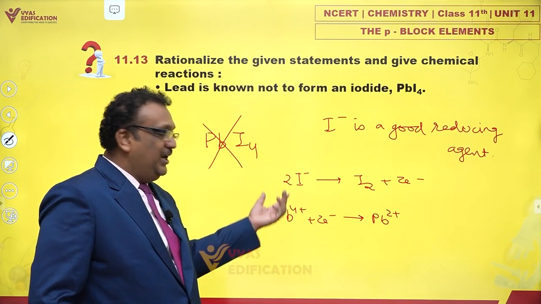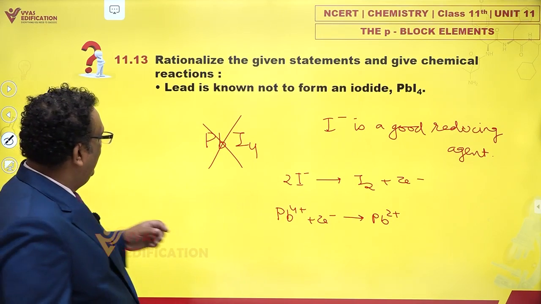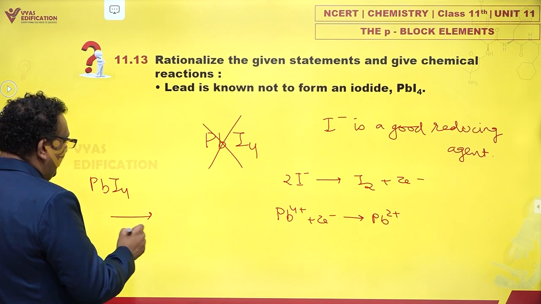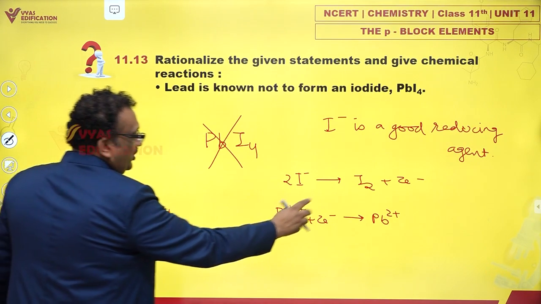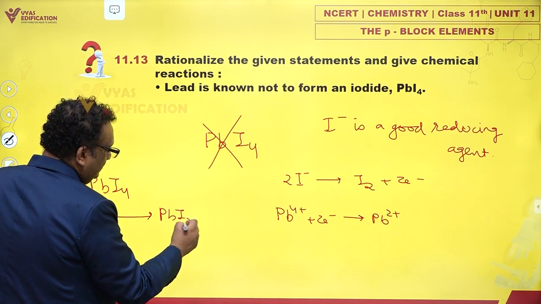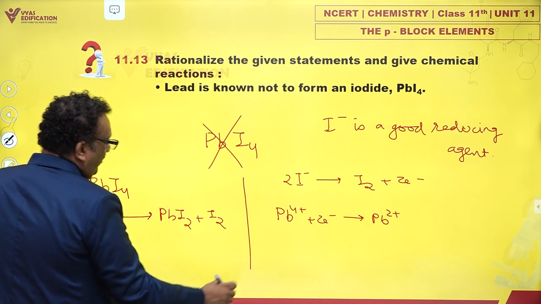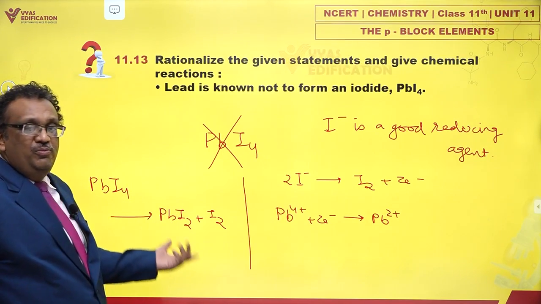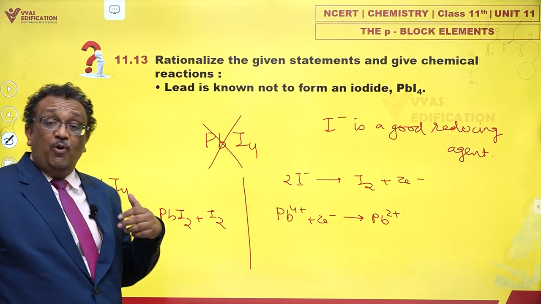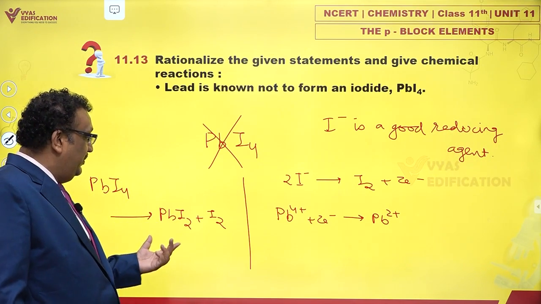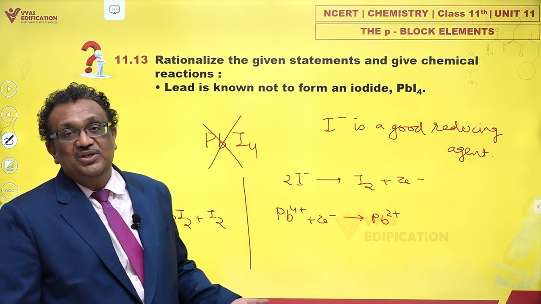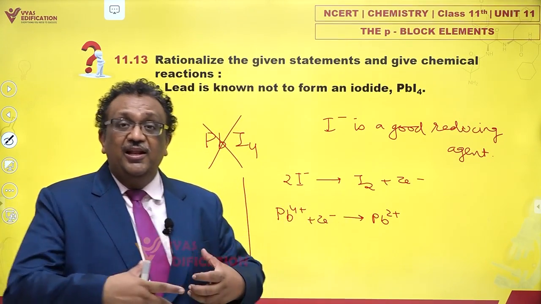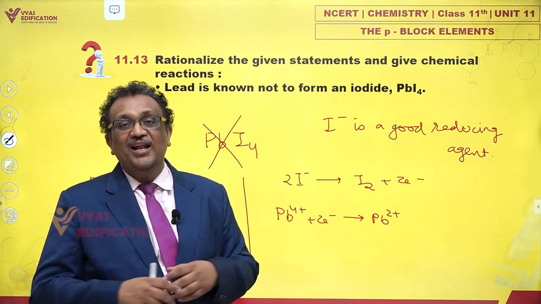An oxidizing agent and a reducing agent cannot stay together. In case somebody manages to get PbI4, it will immediately decompose. Lead from +4 gets reduced to +2, and iodine from -1 gets oxidized to 0. So this will happen even at room temperature. Since PbI4 spontaneously decomposes at room temperature to PbI2 and I2, PbI4 obviously would not be stable because its cation reacts with the anion itself. Since they internally react with each other, they cannot form a compound very naturally.